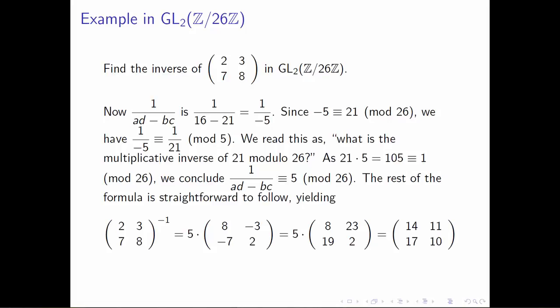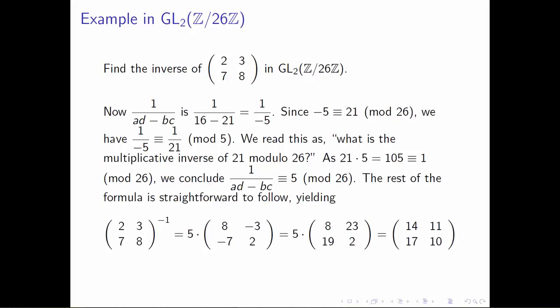So stringing that all together, when I take a look at 1 over AD minus BC from that formula, in each step of the way, I need to make the correct interpretations and changes to look at things properly modulo 26, my special modulus here.